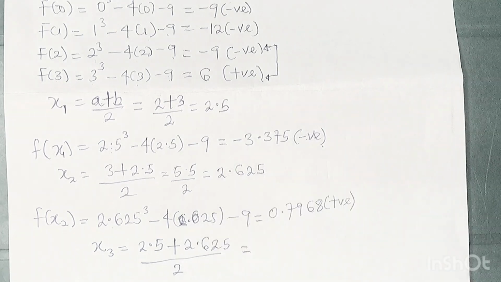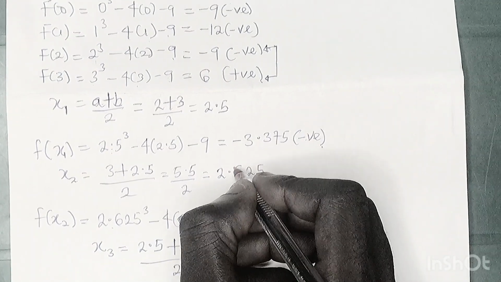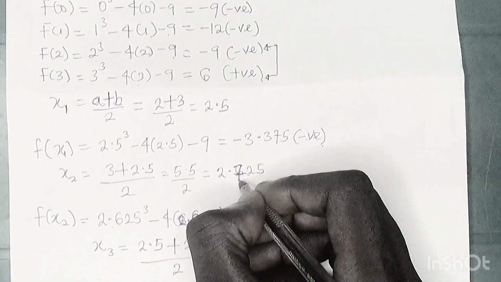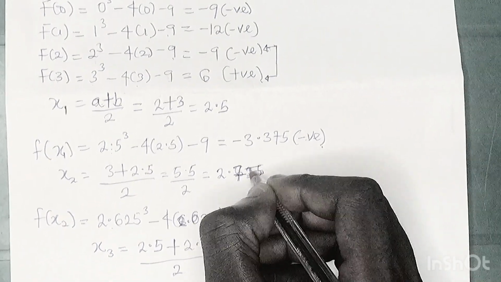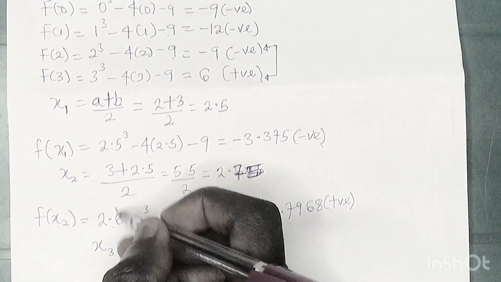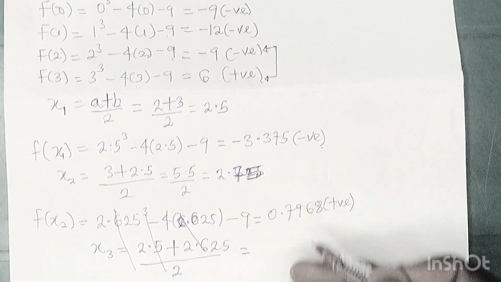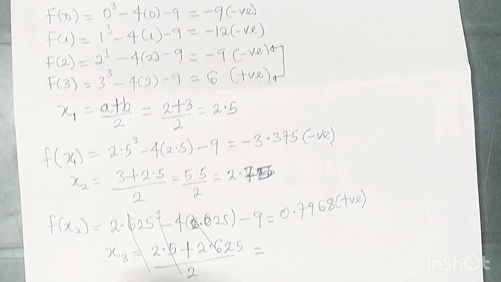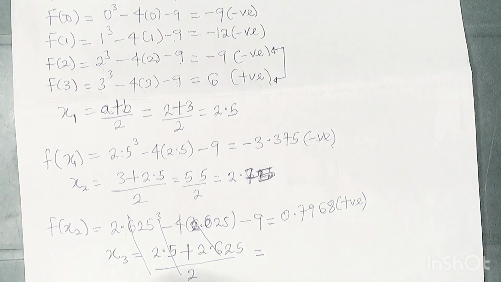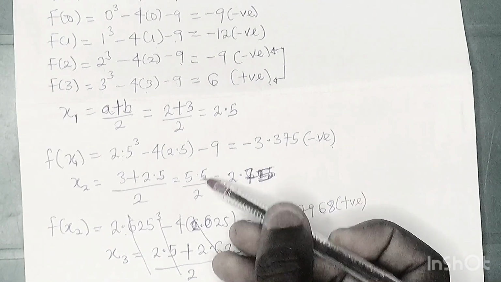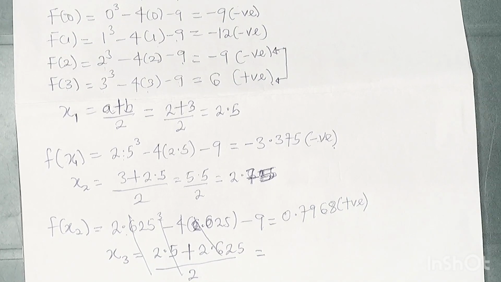Sorry, I think I made a mistake here. So this is supposed to give me 2.75. Sorry about that. So let's quickly do that since we get the method now. That will be f of 2.75, because 5.5 divided by 2 will give me 2.75.